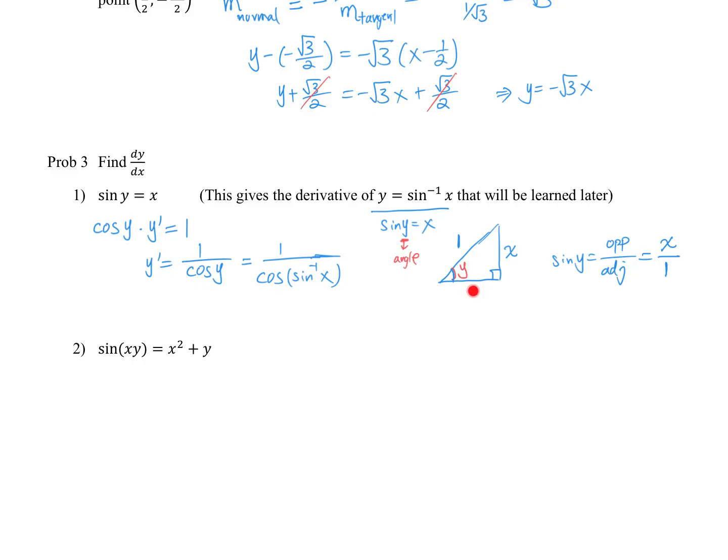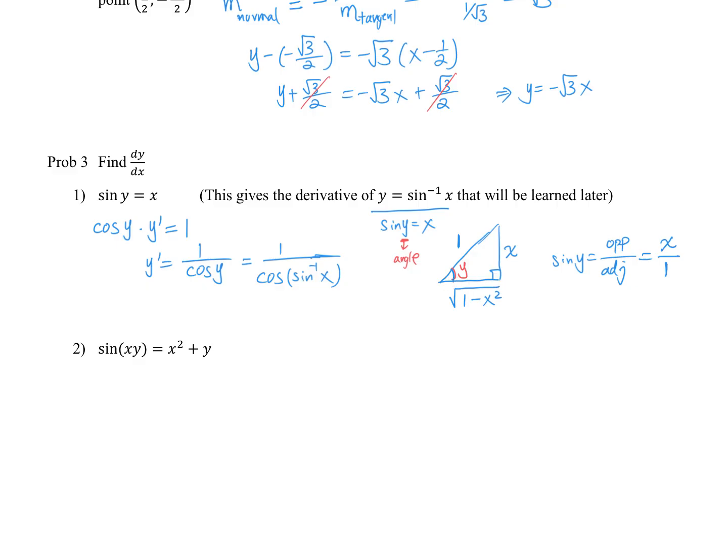Cosine y should be adjacent over the hypotenuse. And what is adjacent? Using the Pythagorean theorem, this adjacent should be 1 squared minus x squared, which is 1 minus x squared, and then take the square root for this side.